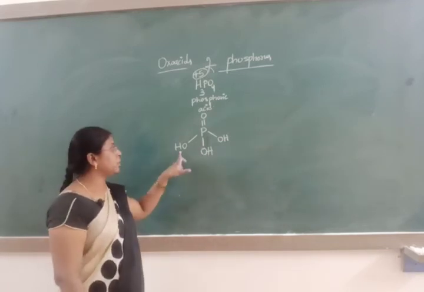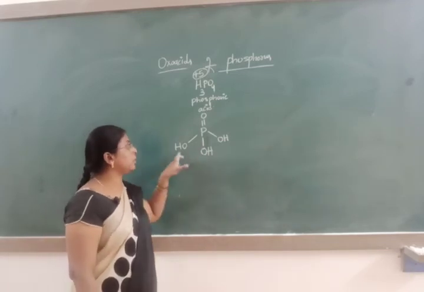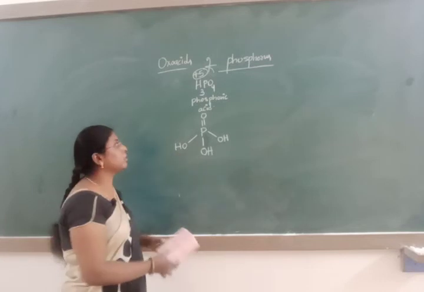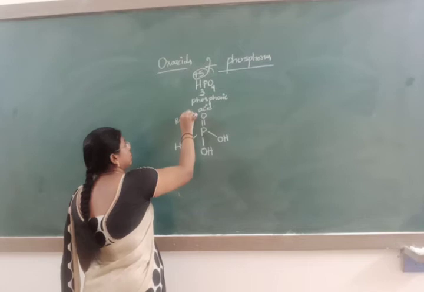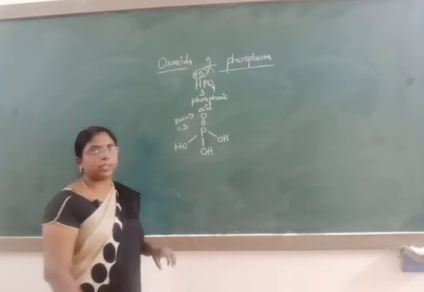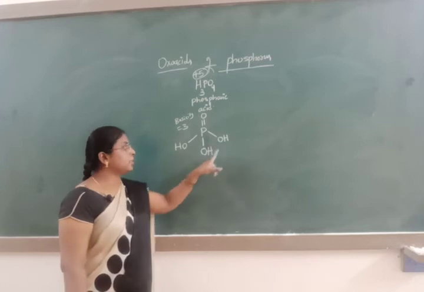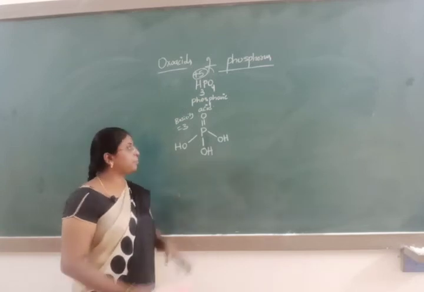Here its basicity is 3. We can replace the 3 hydrogen atoms of the hydroxyl groups. Hence the basicity is equal to 3 for phosphoric acid. It is tribasic in nature.